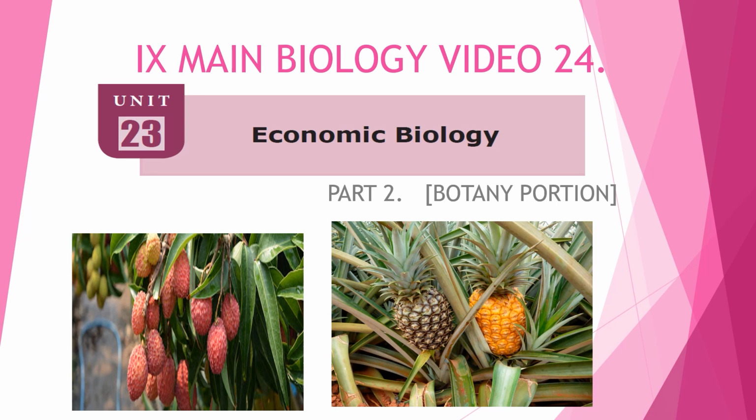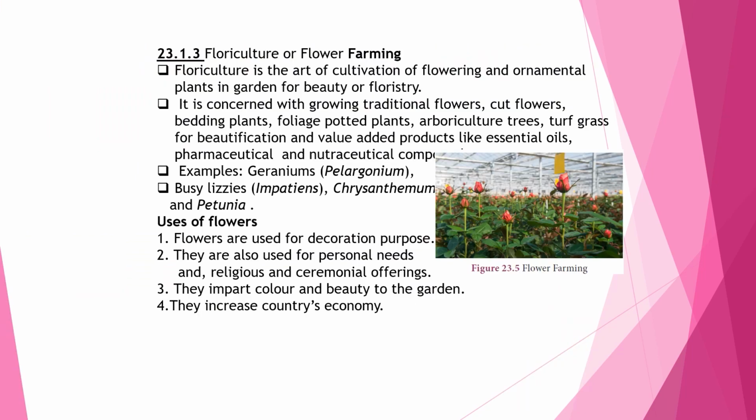And in the previous video class, we have learnt a lot: pomology, floriculture or vegetable farming, and under that kitchen garden and commercial garden, vegetable forcing. Then we have learnt about greenhouse and advantages of greenhouse, and then floriculture or flower farming.